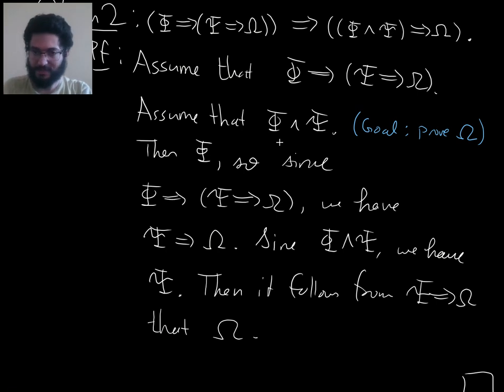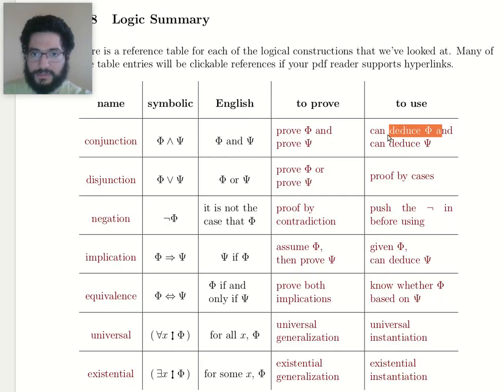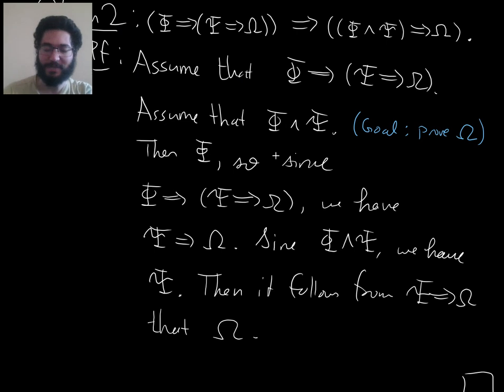That's technically a different thing. And here we've cared about the distinction. But normally that's such a fine-grained detail that we just sort of skip it over. We don't really care about the difference between assume phi and psi and assume phi and assume psi. They're so immediately linked, from phi and psi you can immediately deduce phi and psi individually. So we don't really care about that detail normally.